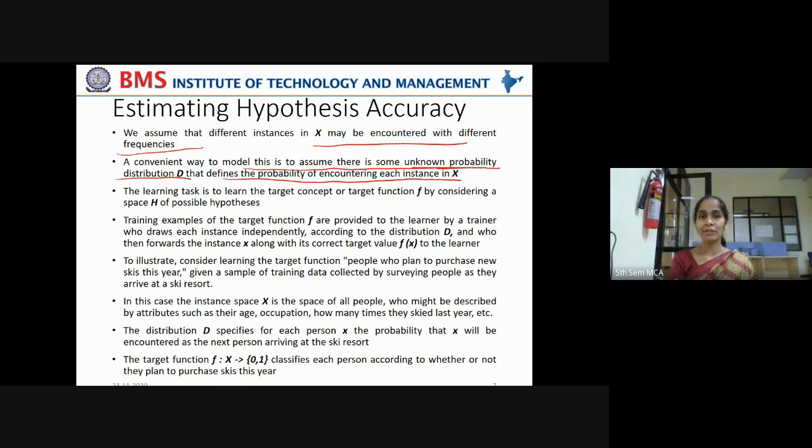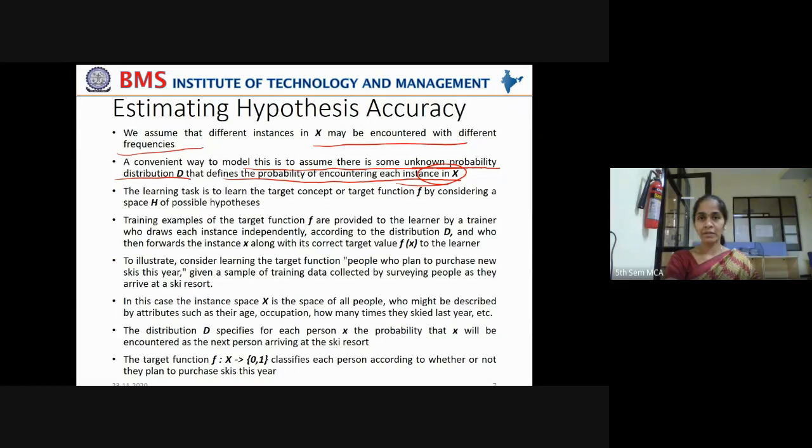There is some probability distribution D that defines the probability of encountering each training example in X. Probability of encountering this kind of attribute combination is 10%. Probability of encountering this combination is 50%. And probability of encountering this combination is 80%. Most of the time, if the customers have this combination of attribute values, they are preferring skiing. Like that, there are some probabilities associated with training examples.